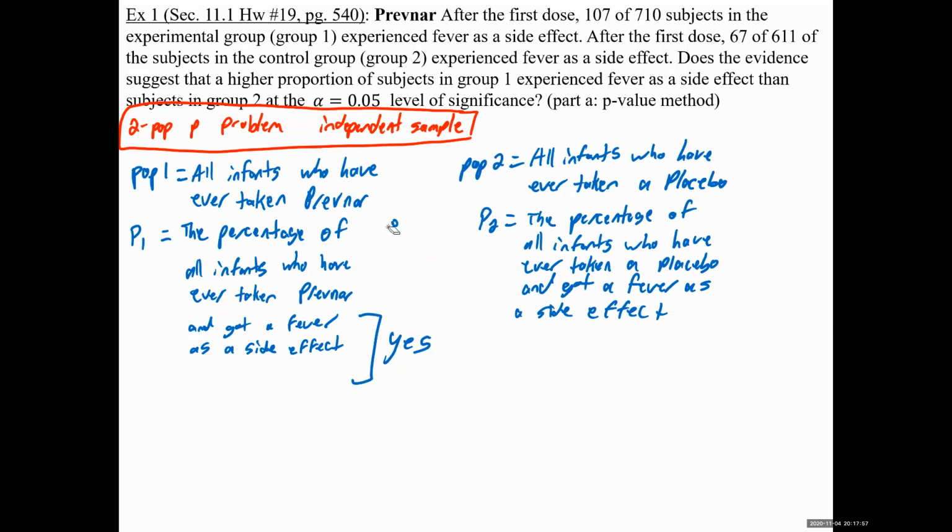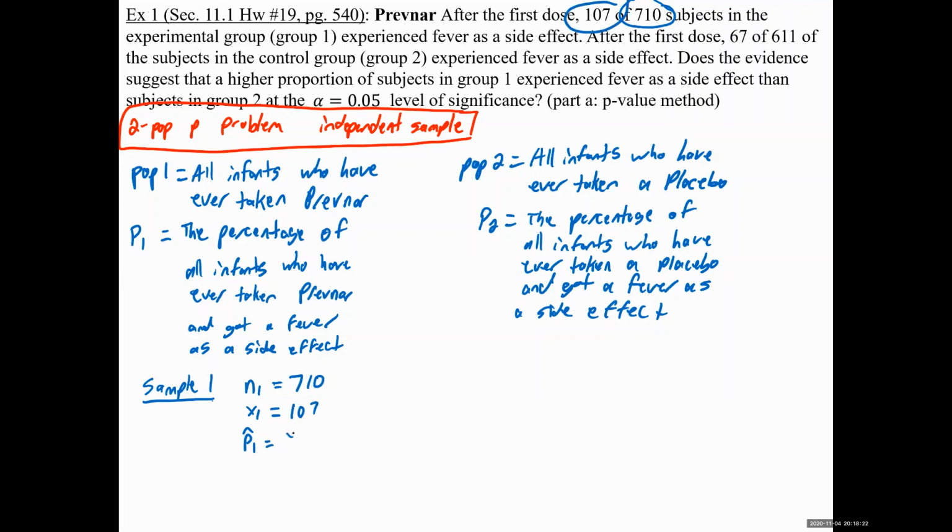Next thing you do is you're going to write down your sample information. Remember, there's 2 samples. So sample 1, you're going to write down N1, X1, and P1 hat. N1 is 710. 710 people took Prevnar in this study. X1 is how many of them said, yes, I got a fever. 107 got a fever.